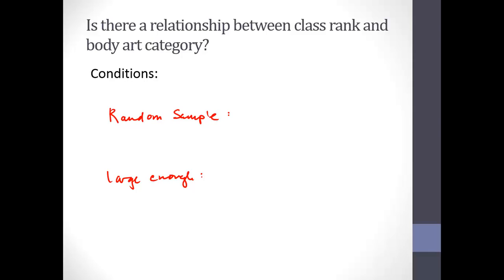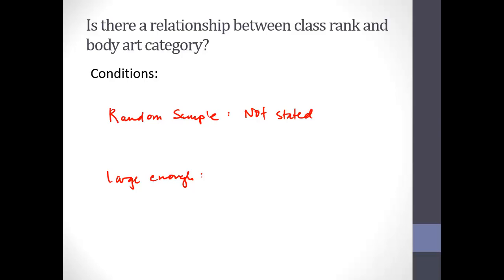Well, it doesn't say so, right? So do I have a random sample here? It's not stated. Do you have any reason to assume that this would be a representative sample?